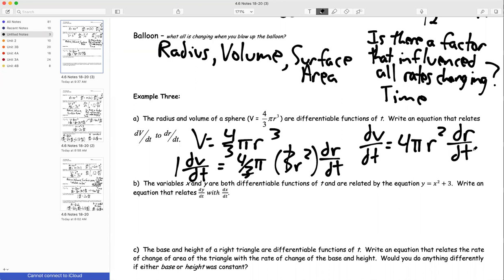Oh, sorry, I left it off, but when I do the product rule here, the second part of the product rule is 0 because 4/3 pi is a constant. I think I skipped over that part, but it is 0 because the derivative of 4/3 pi is constant. Okay, so questions about that one?